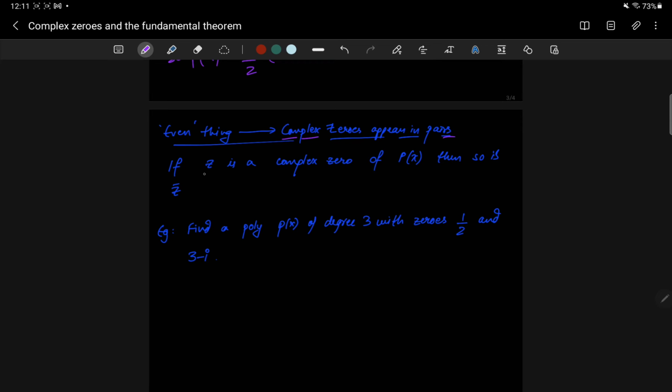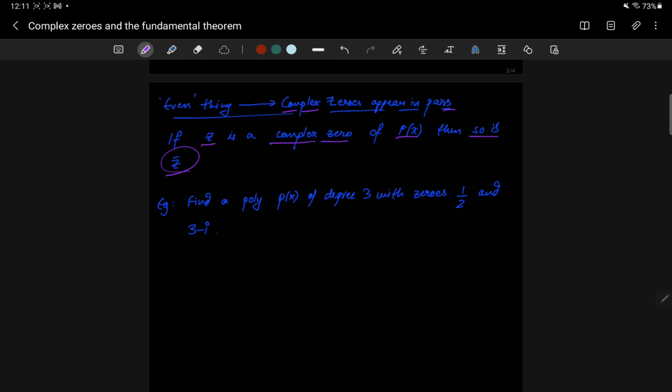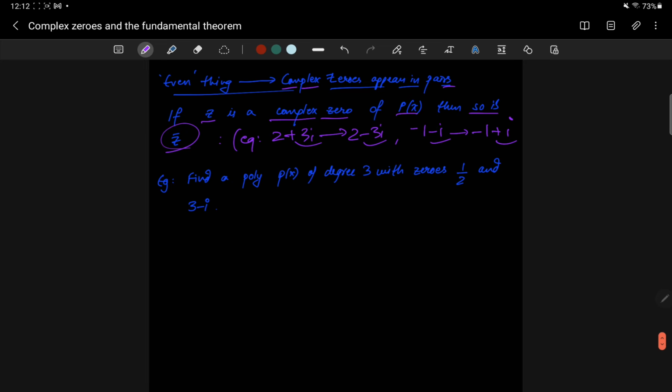So it so happens that if z is a complex zero, then so is the conjugate of z. For example, if it's 2 plus 3i, then the conjugate is 2 minus 3i. Negative 1 minus i, the conjugate is negative 1 plus i. So what you do is you switch the sign for the i term.